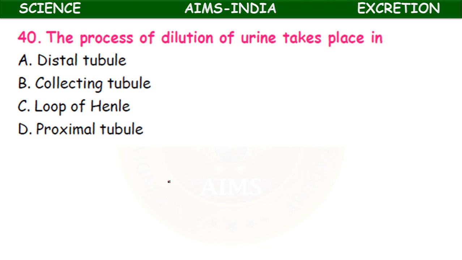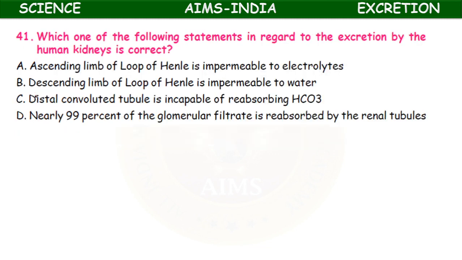The process of dilution of urine takes place in the distal convoluted tubule, collecting tubule, loop of Henle, proximal convoluted tubule. It is the loop of Henle where the dilution of urine takes place. Which one of the following statements regarding the excretion by the human kidneys is correct?